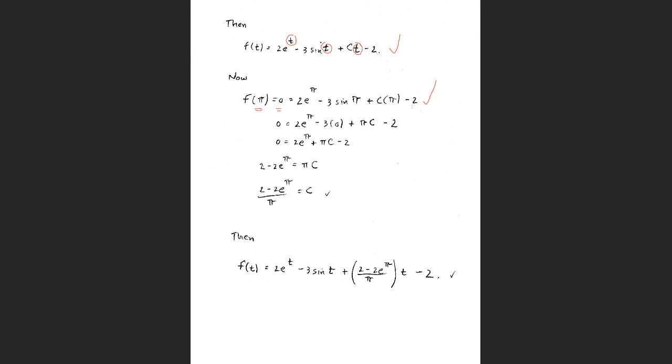See, if you have two unknown constants, a c and a d, you need two pieces of information to uniquely solve for those constants. If you have just one unknown constant, you only need one piece of information to solve for the unknown constant.